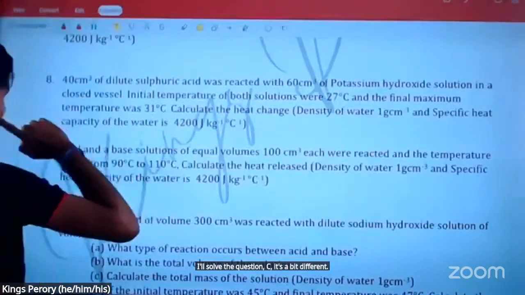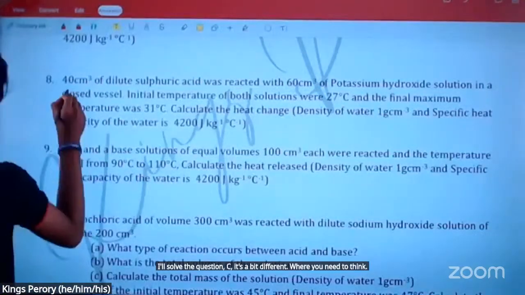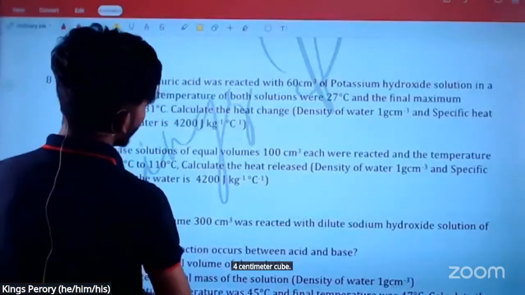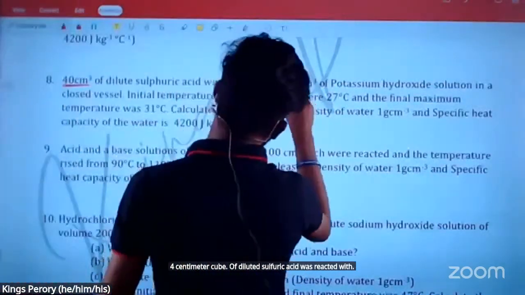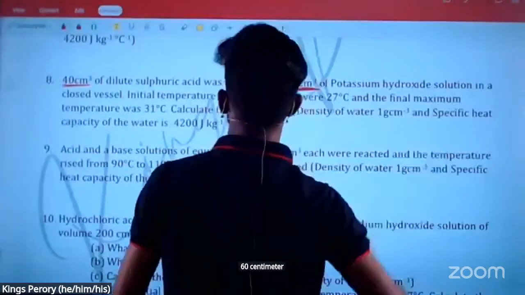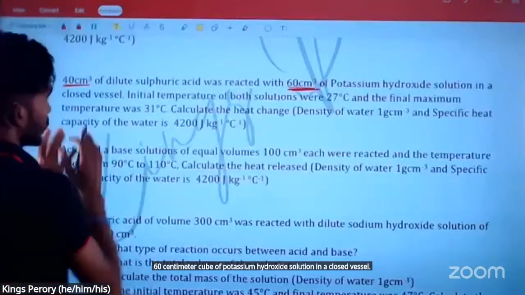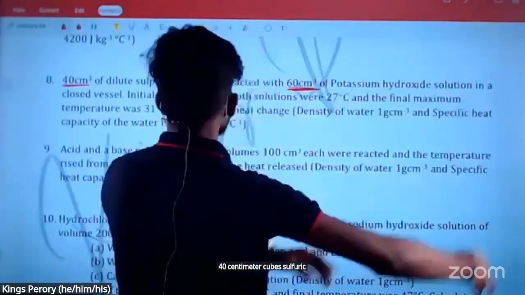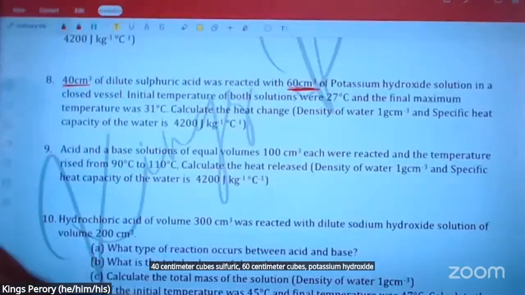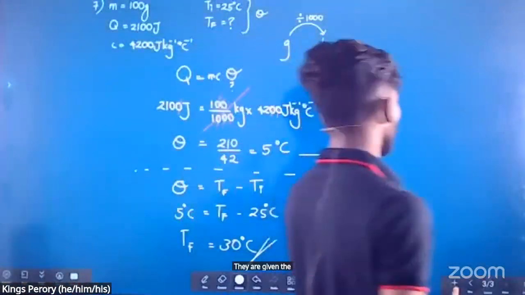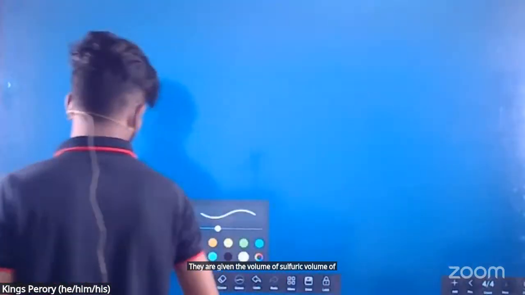Here you need to think. 40 centimeter cube of dilute sulfuric acid was reacted with 60 centimeter cube of potassium hydroxide solution in a closed vessel. 40 centimeter cube sulfuric acid, 60 centimeter cube potassium hydroxide. Centimeter cube is for volume. They have given the volume of sulfuric acid and the volume of potassium hydroxide.